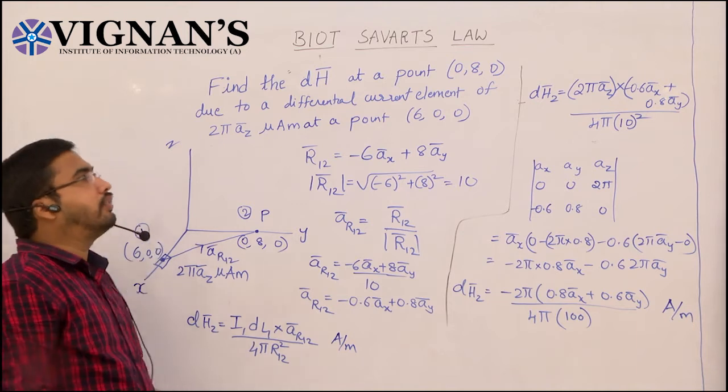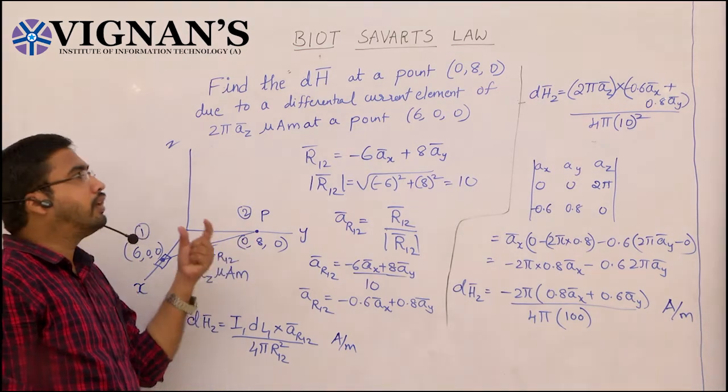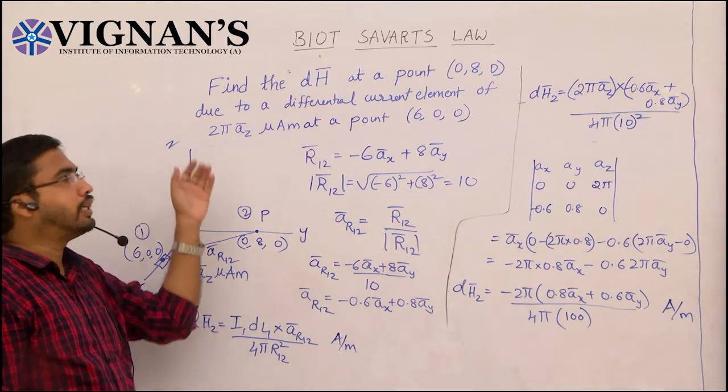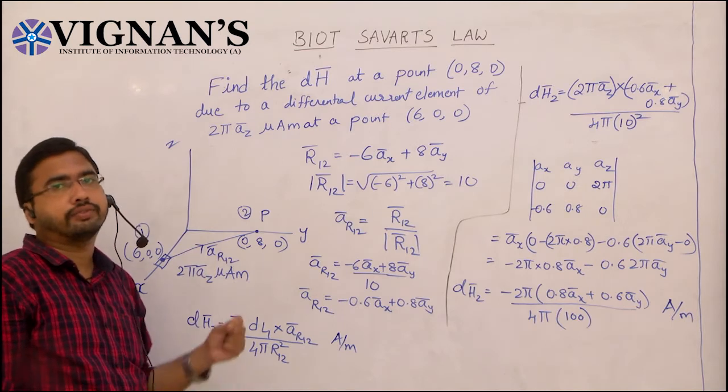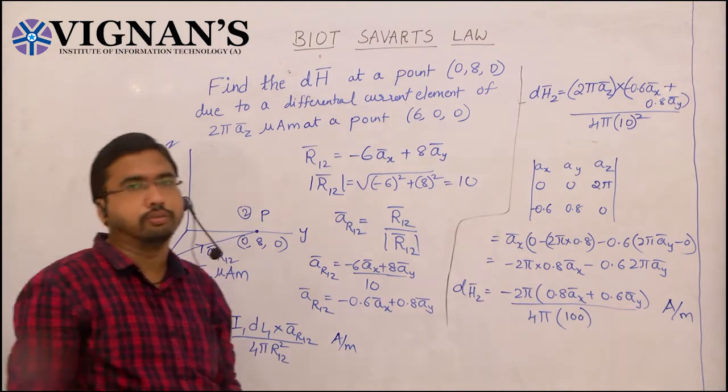Okay. Next we will go for applications of Biot-Savart's law, where we will derive some expressions for magnetic field intensity due to a straight current carrying conductor of infinite length and finite length, and also due to a circular loop.